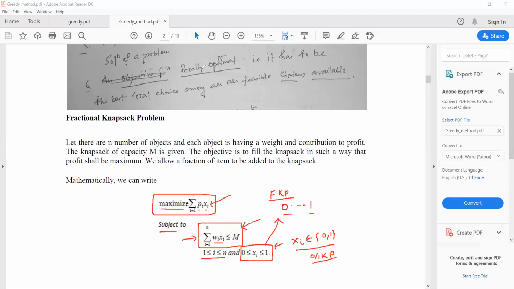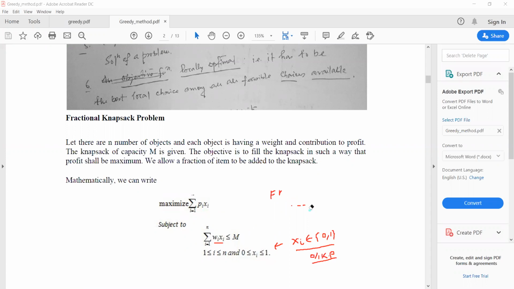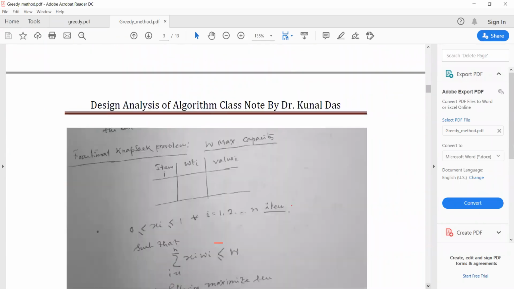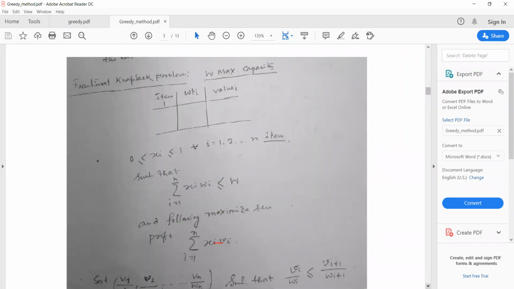So we now get some idea about the definition. Let us see some handwritten documents which I used to prepare for class notes. Here you can see an example. There will be many items, you may have item one, item two, and so on.